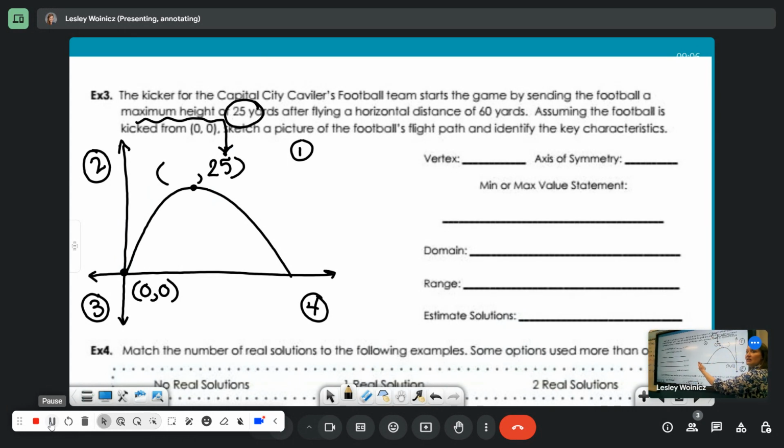How far horizontally did my ball have to travel to reach that maximum height? 60 yards. At 60 yards horizontally, it reaches its maximum height of 25.